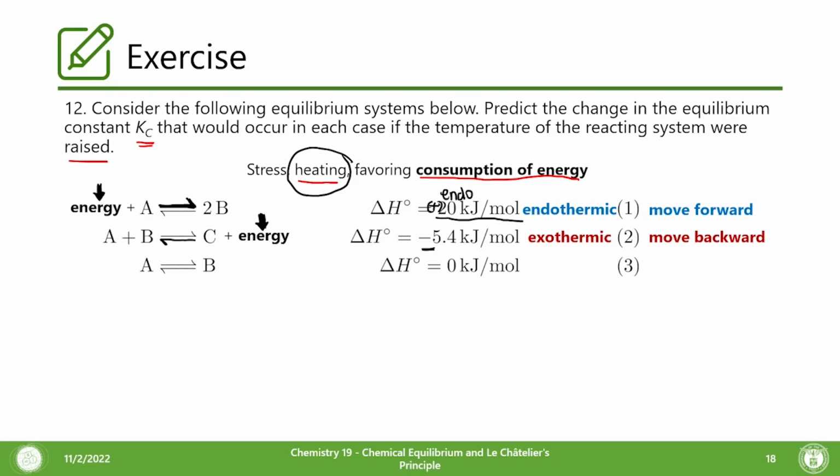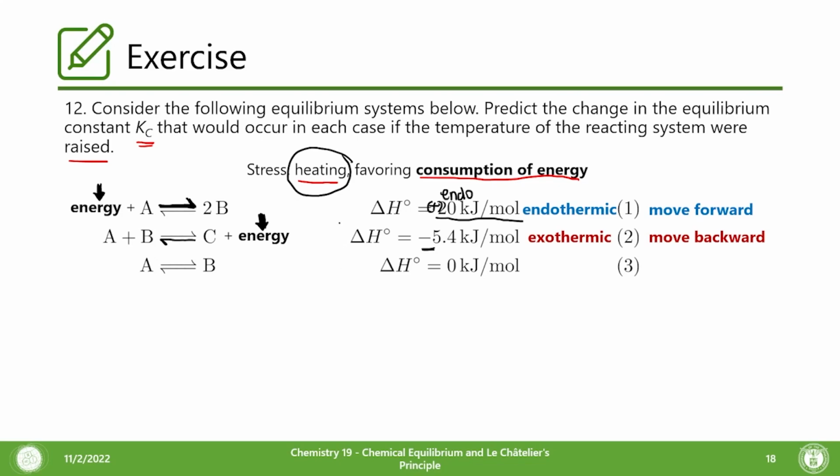energy. Okay, so lastly, we have delta H is equal to 0 kilojoules per mole. Therefore, this actually has no energy. Okay, no energy here and on both sides. Therefore, the reaction proceeds without any enthalpy. Very rare, but there are some cases.